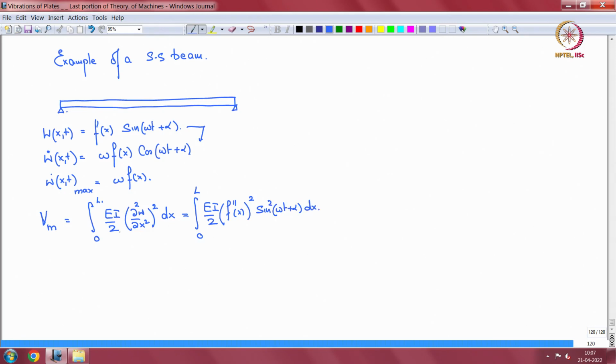Because it is V max, we take the max value, so the sine squared term will be 1 at some point.